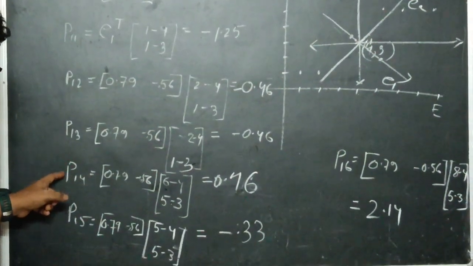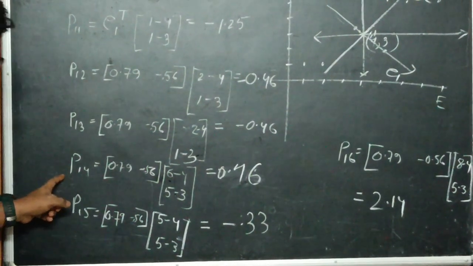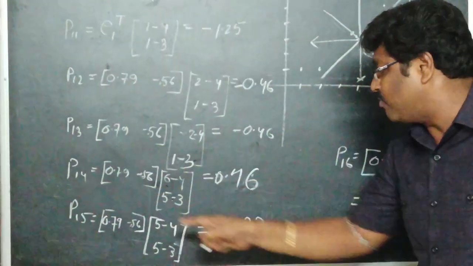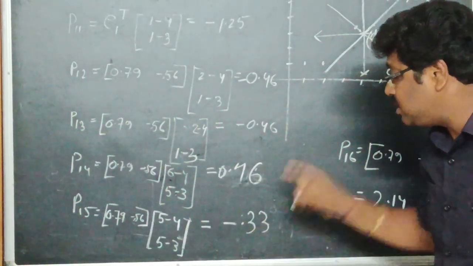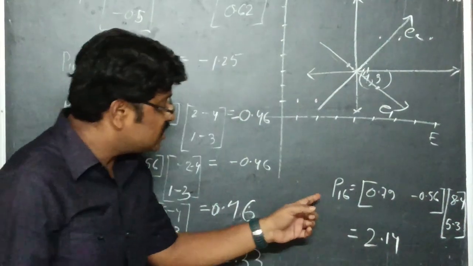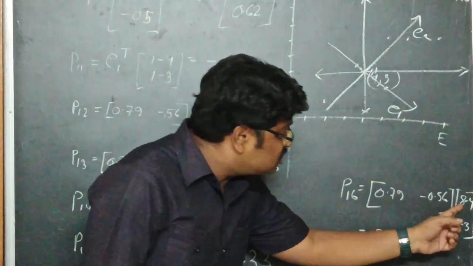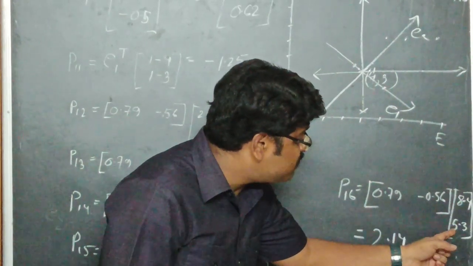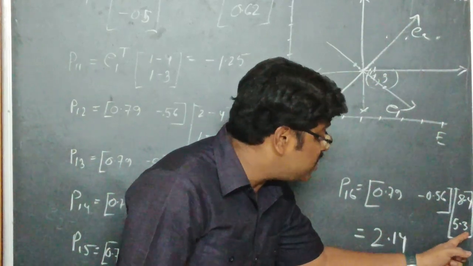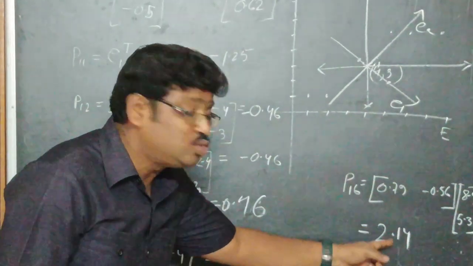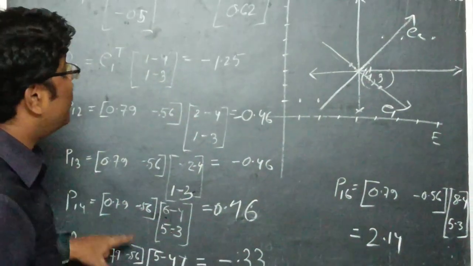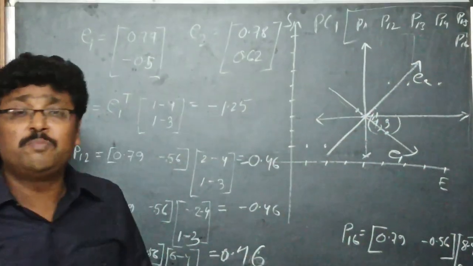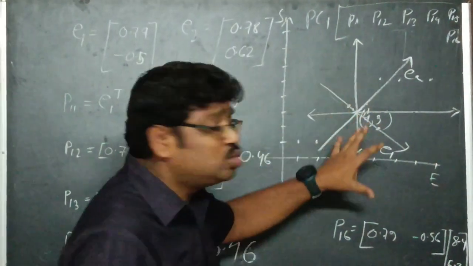In the same way, P14 is 0.46, and P15 is minus 0.33. For P16, the transpose of E1 times 8 marks obtained in English minus the mean, and 5 marks obtained in statistics minus the mean, after calculation we have 2.14. So we have got all the values P11 through P16.